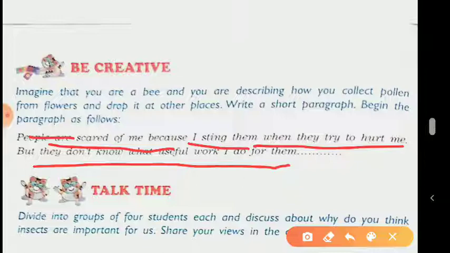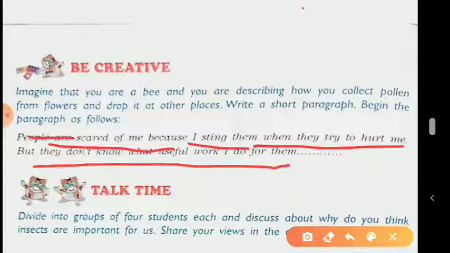Pollination is the transfer of pollen from one flower to the other flower. I carry the pollen from one flower to the other. Full stop.